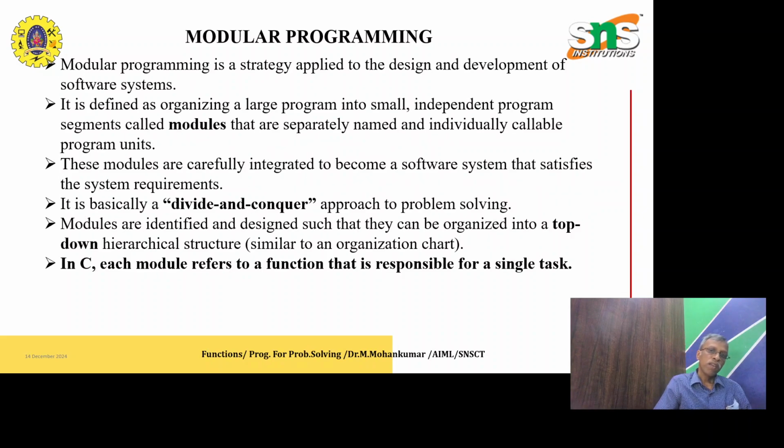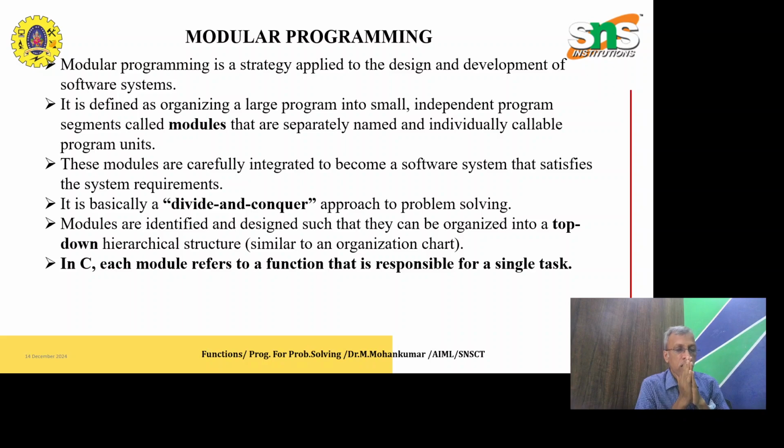A modular program is a strategy applied to the design and development of a software system. It is defined as organizing a large program into small independent program segments called modules that are separately named and individually callable program units. These modules are carefully integrated to become a software system that satisfies the system requirements.